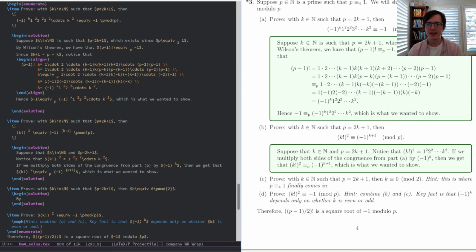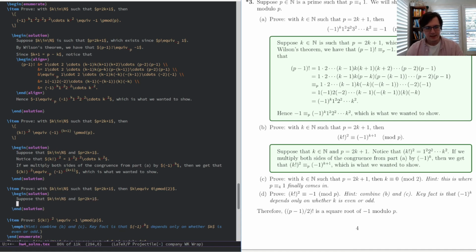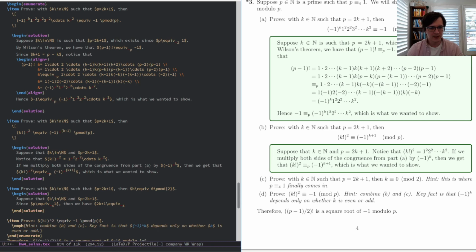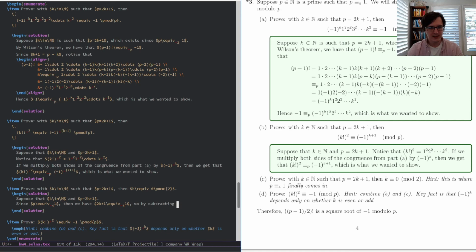Let's take our numbers like usual. Since p is equivalent mod 4 to 0, 1, then we have that 2k plus 1 is equivalent mod 4 to 1. So by subtracting 1 from both sides, 2k is equivalent mod 4 to 0.